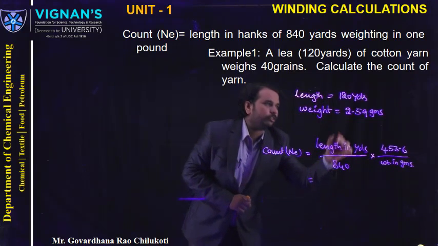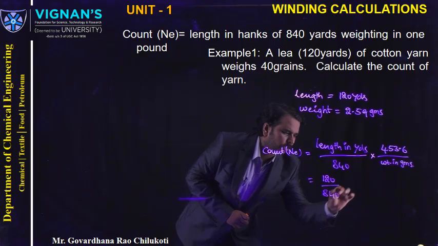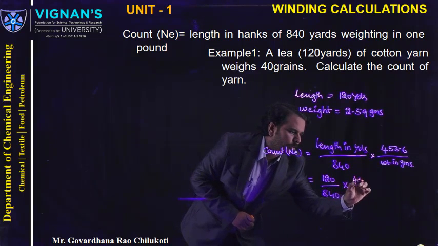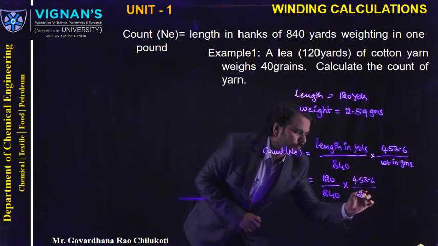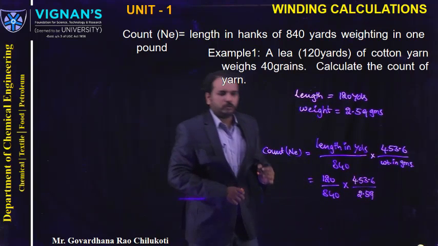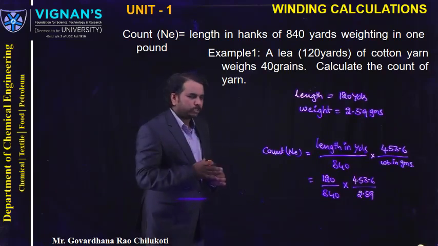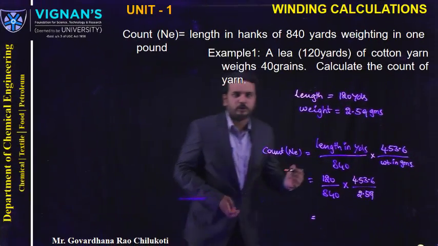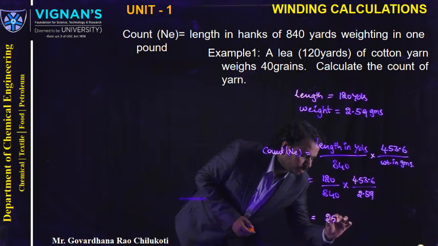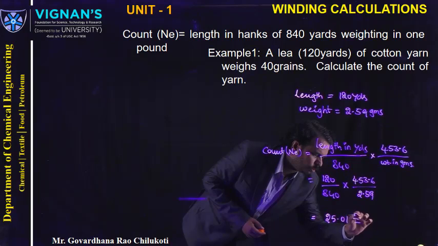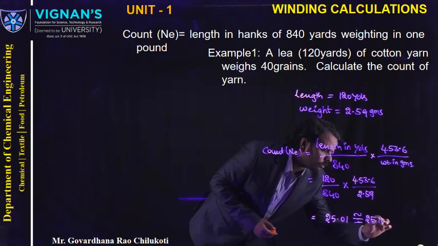Length is 120 divided by 840 multiplied by 453.6, and the weight is 2.59. From this we can calculate the count. The calculated count is 25.01, that is equal to 25 Ne.